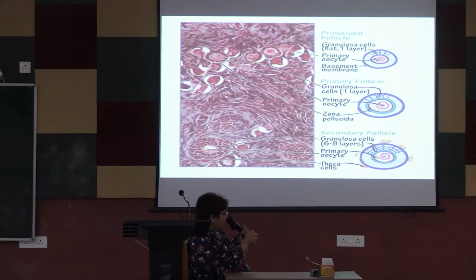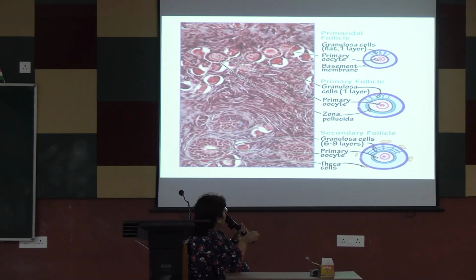So this is the basic histological structure of the ovary. Here you can see the primordial follicle. It has a granulosa cell layer inside, and inside there is the primary oocyte, and there is a basement membrane outside. Then it becomes the primary follicle. Then the granulosa cell layer becomes one layer thick.